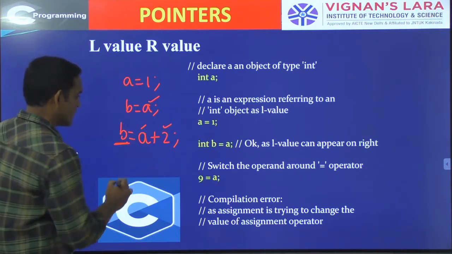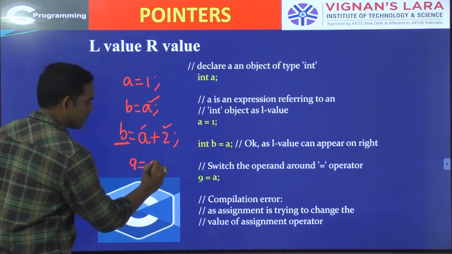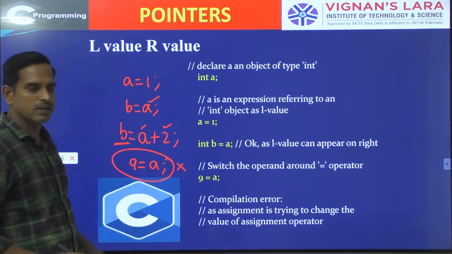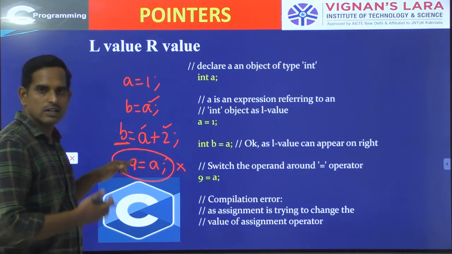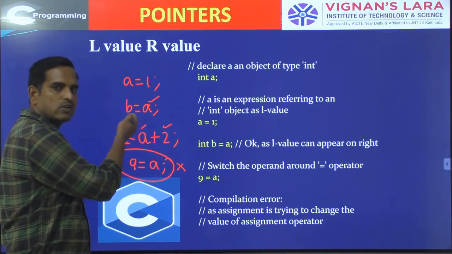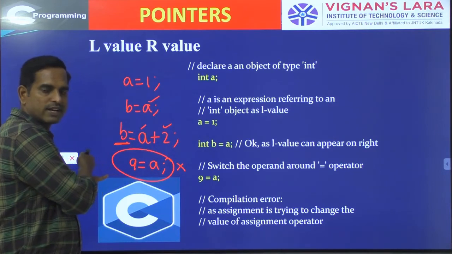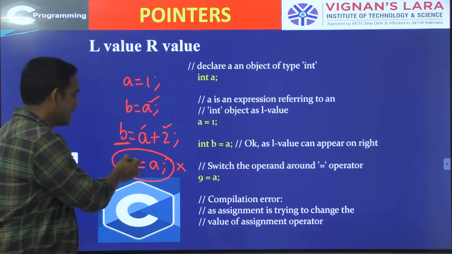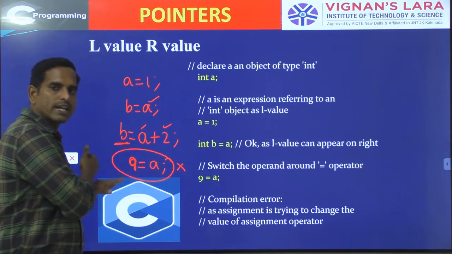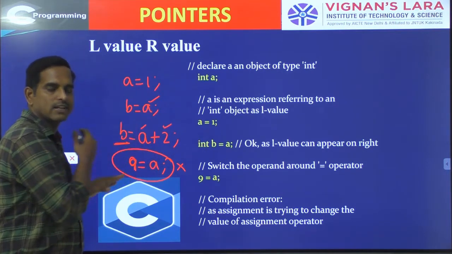So when I write something like 9 is equal to A, this is not a valid statement. Why? Because in an assignment operator, the right hand side value has to be moved into the left hand side expression. The value 9 doesn't have any memory, so it cannot hold any value received from the right hand side.